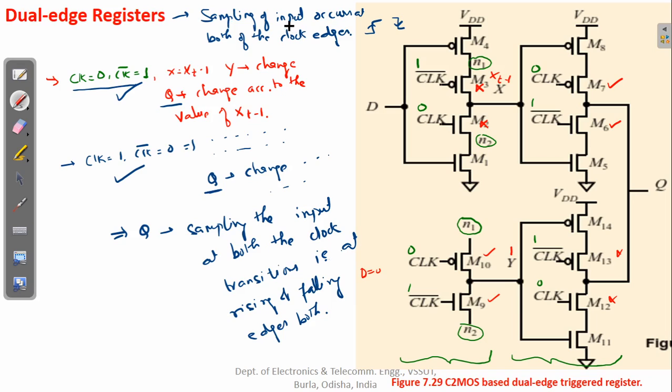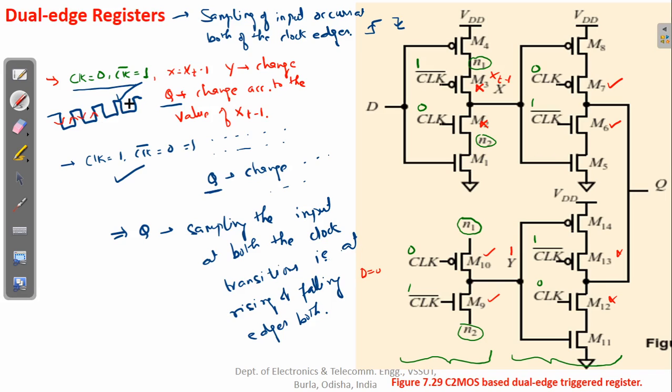Okay, so the rate of activity increases 2 times as compared to a simple positive edge triggered or negative edge triggered register. Because here, if this is a clock signal, then the sampling is occurring at this falling edge, then at this rising edge, then at this falling edge, then at this rising edge.